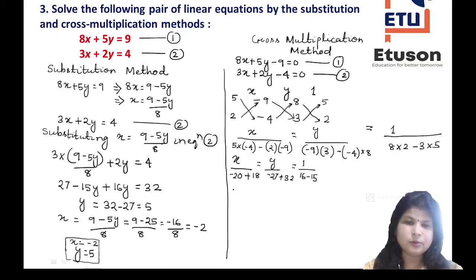So this is equal to 1. So what is the value of x then? X is equal to minus 20 plus 18, it is minus 2, that is equal to y divided by 5 and that is equal to 1.